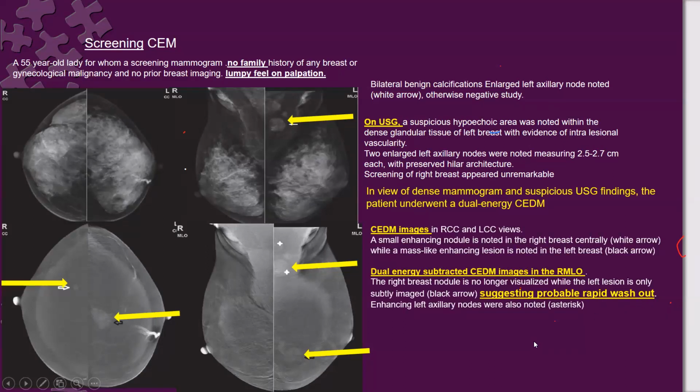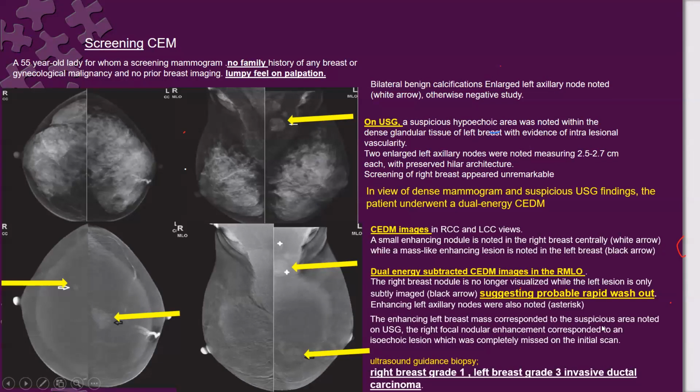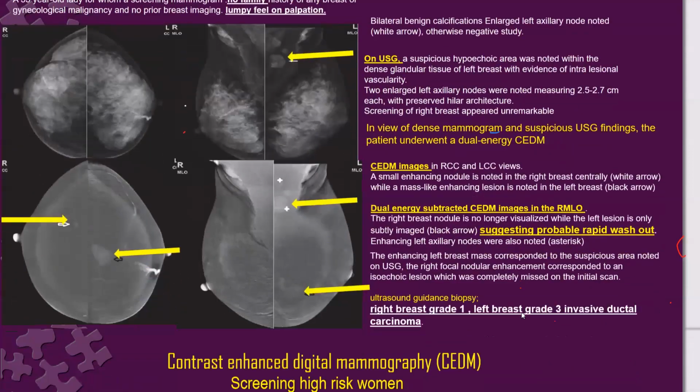They suggest that because of rapid washout, they perform the CC first and then the MLO. Because of rapid washout, this small lesion could not be appreciated, and this becomes less visible. In the end, both proved to be invasive ductal carcinoma, the right grade 1 and the left grade 3.